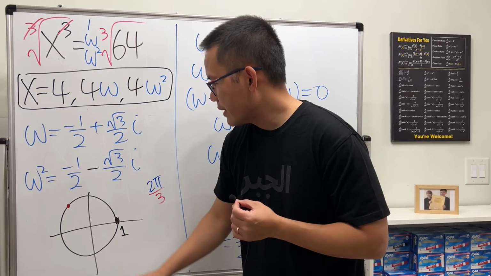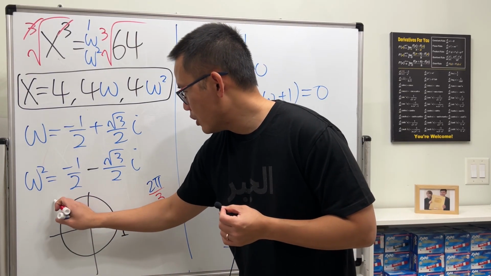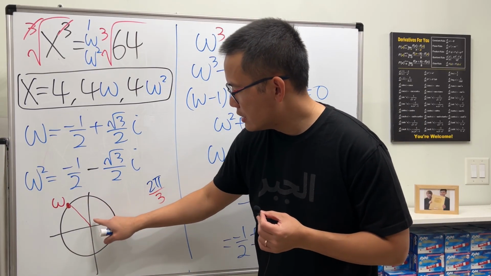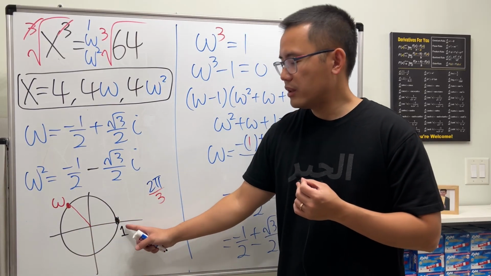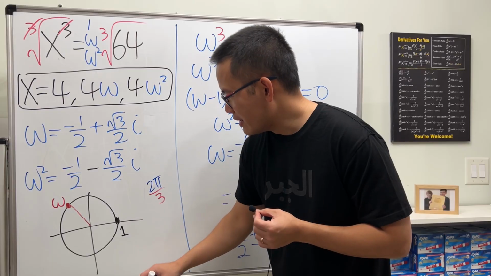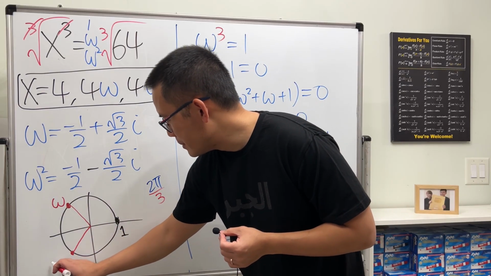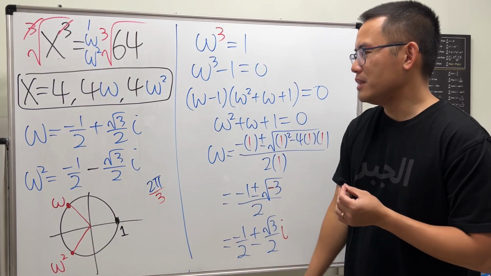So in fact, this point here is omega to the first power. And then if you take this 120 degrees and rotate it 3 times, you end up with 1. Now, the next one is actually down here. This happens to be omega squared. And it's not just that it happens to be.